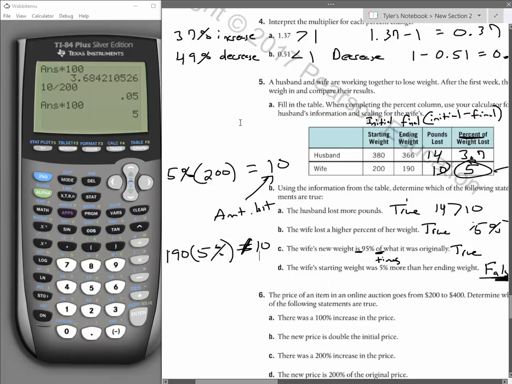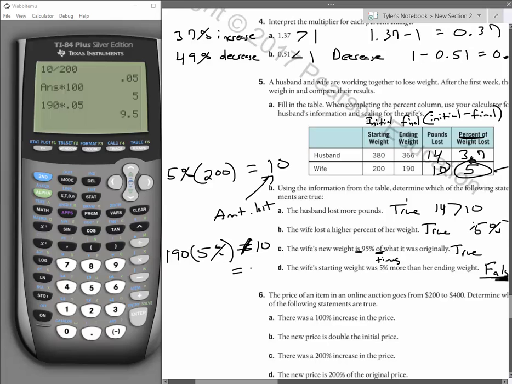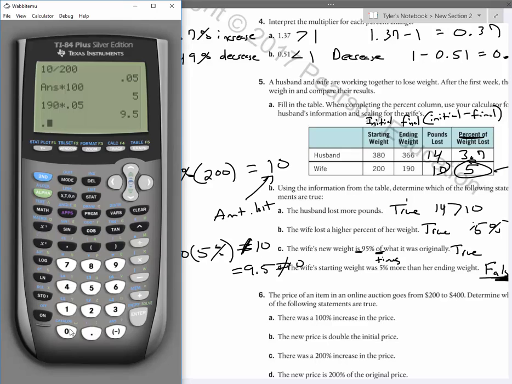If I take 190 times 5%, 0.05, you'll notice I get 9.5, which is not equal to 10. Before, we weren't rounding to get 9.5. It's exactly equal to 10. If I take 0.05 times 200, I get exactly 10.